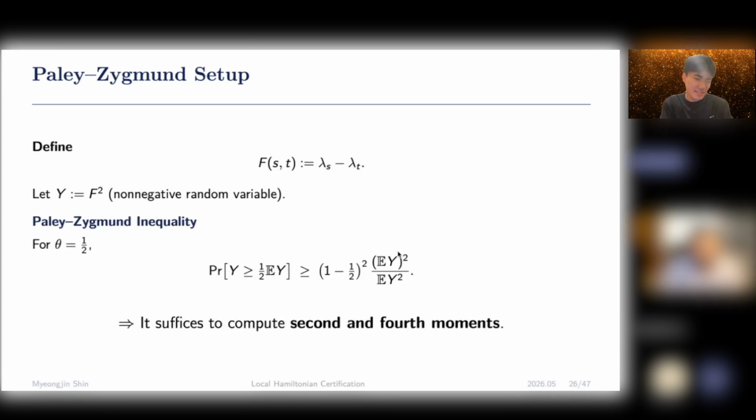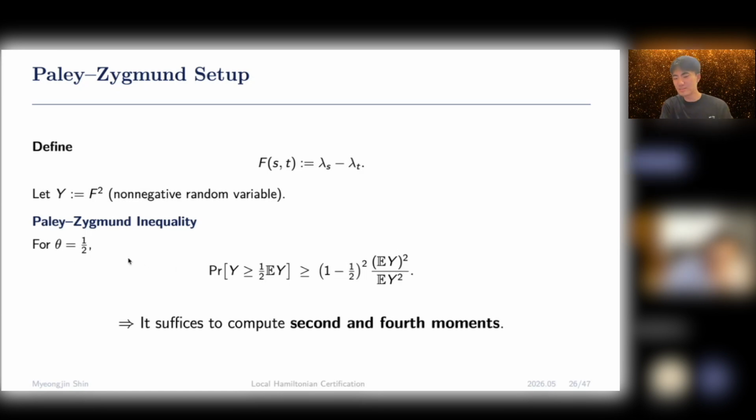And since the PZ inequality requires the random variable to be positive, we're going to define y as the square of f. If we do that, we can use the PZ inequality, which is represented like this.